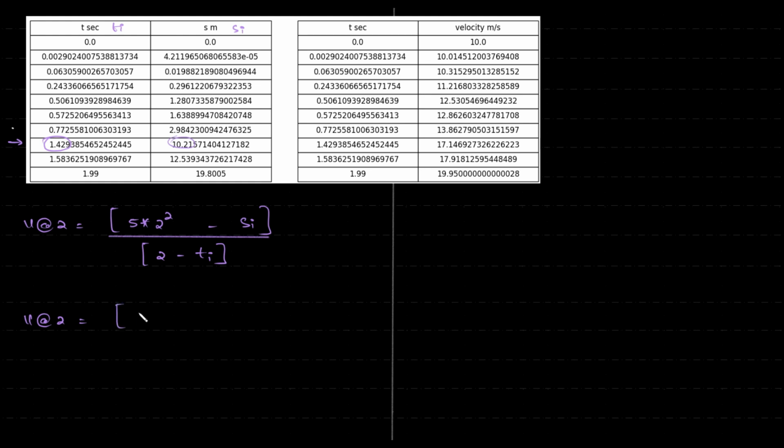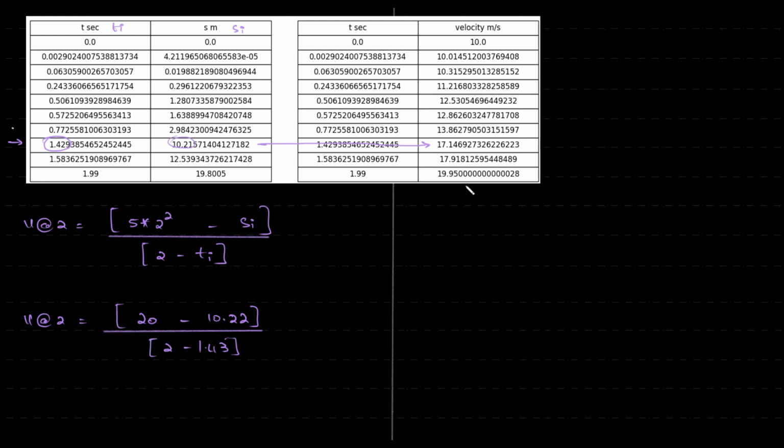So basically we have to do 20 minus 10.2122 approximately, this entire thing divided by 2 minus 1.43. All we are doing is change in distance by change in time. As simple as that. This particular calculation is nothing but this value.